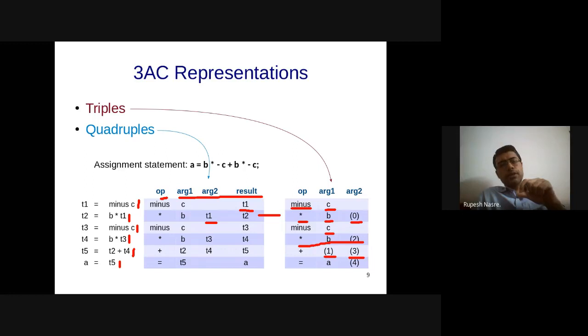Another reason could be that you have some sort of vectorization which the inbuilt hardware supports. For example, on Intel machines, the vector width could be 4 or 8 instructions. What vectorization means is that you have the same instruction, but operating on different data items. So for example, A of I equal to 0, where I could be 0, 1, 2, 3. So A of 0 equal to 0, A of 1 equal to 0, A of 2 equal to 0, and A of 3 equal to 0.